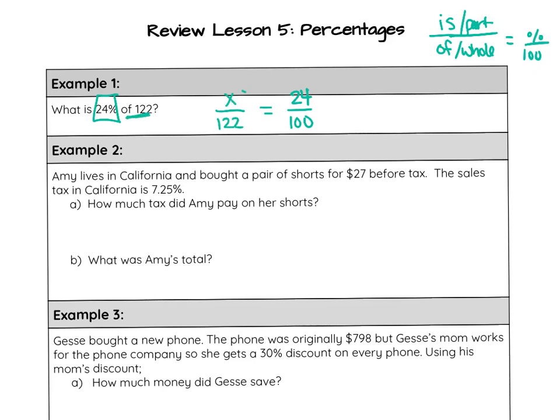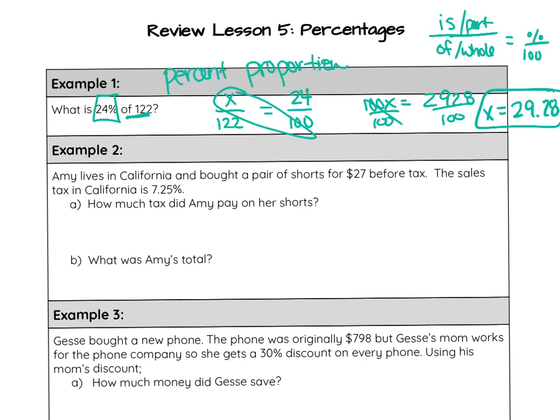Then from there you cross multiply, 100 times x, 100x, 24 times 122 is 2,928, divided by 100, and x is equal to 29.28. We'll just leave it like that, I guess we don't have to round. All right, so that is a percent proportion question.